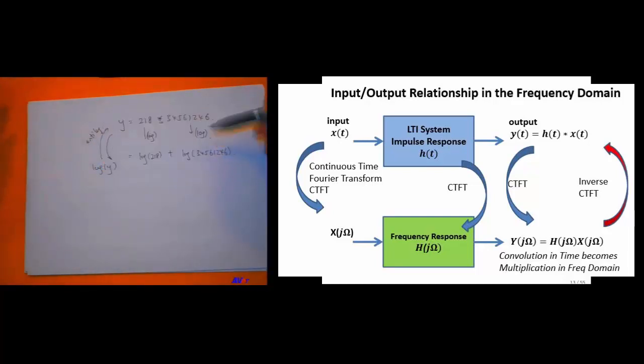So in the old days, we knew that numbers in certain domains are easier to manipulate, and for multiplication, it is easier to manipulate in the log domain because multiplication becomes addition. What about DSP?